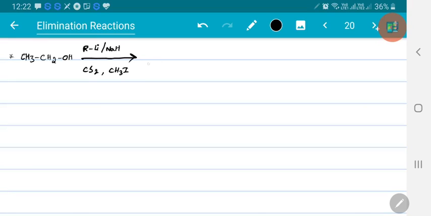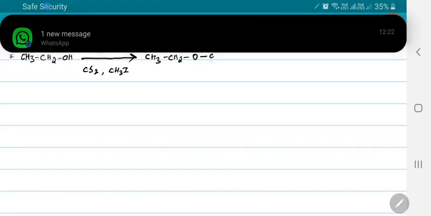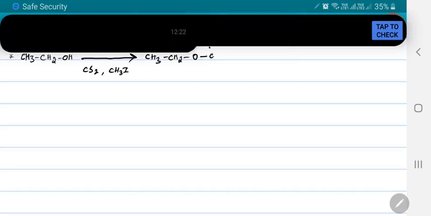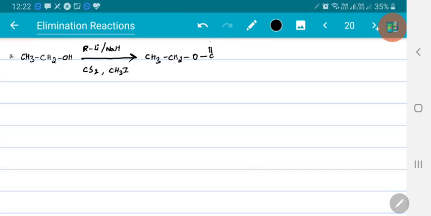Now the product obtained is CH3CH2, that oxygen is connected to carbon from the solvent, so double bond S, the remaining S is there, and methyl iodide CH3. If it is ethyl iodide, you will get C2H5 here, right? So this is the xanthate obtained.